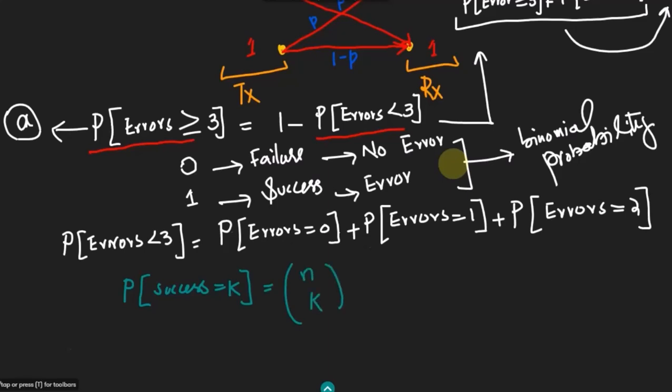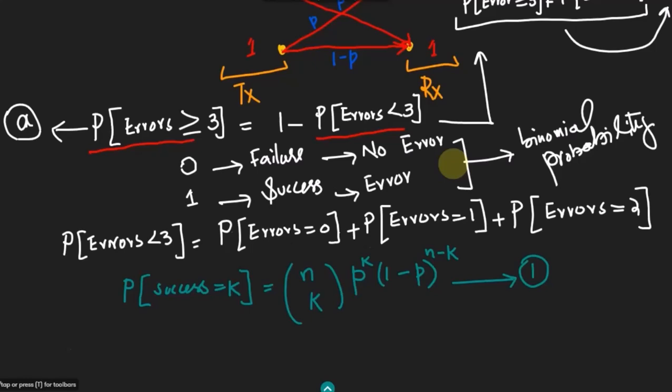What is n? n is basically the total number of trials, and out of these trials we want k number of successes. And here the probability of the success is p to the power k, and 1 minus p is the probability of failure, so here we will get n minus k. Let me call this equation 1. This is the equation we will be using in our question here.